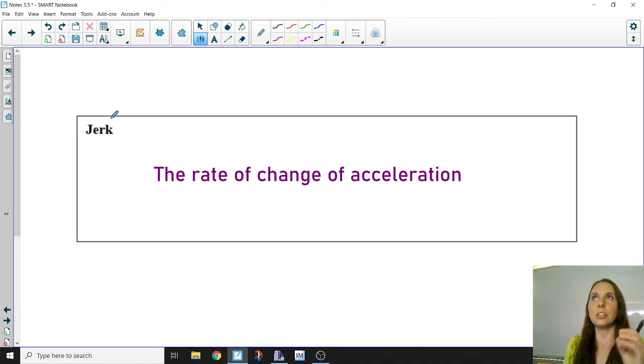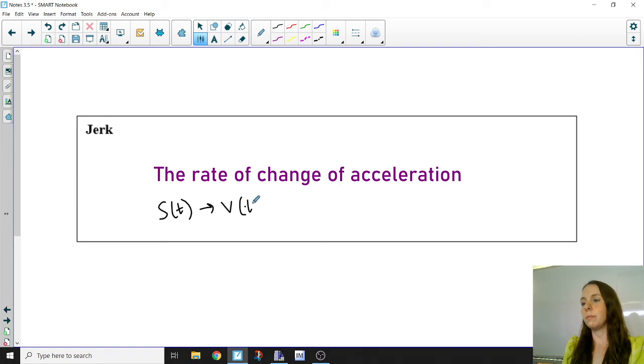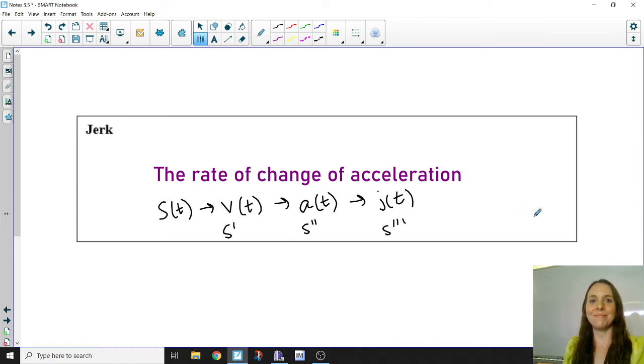So jerk would be, in our sequence of functions, a third derivative. So this is s prime, this is s double prime, this is s triple prime.